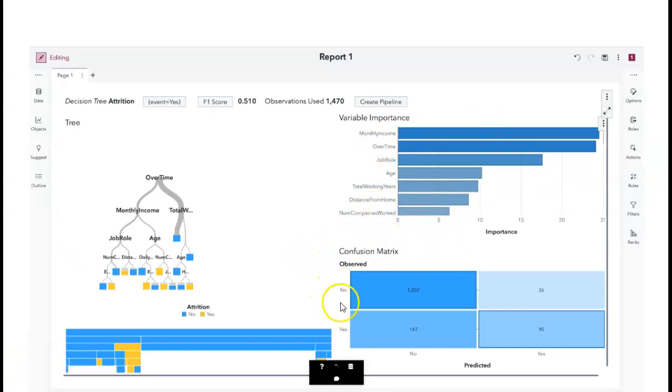And here we have our confusion matrix, just a yes, no, pretty straightforward. And our F1 score up here of 0.51, observations used 1,470. And down here we have the attrition model.